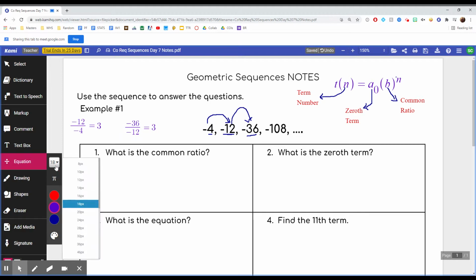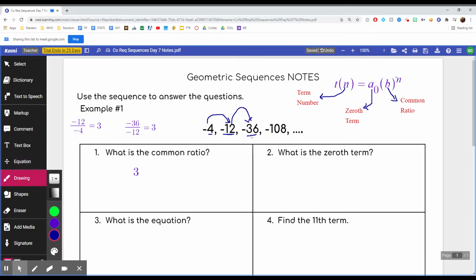I'm not going to do that one, but it should be 3 if you do it. So that tells me that my common ratio is 3, which means that I'm actually multiplying each term by 3. Okay, so -4 times 3, I get -12. -12 times 3, I get -36. -36 times 3, I get -108. Okay, so I'm multiplying by 3.